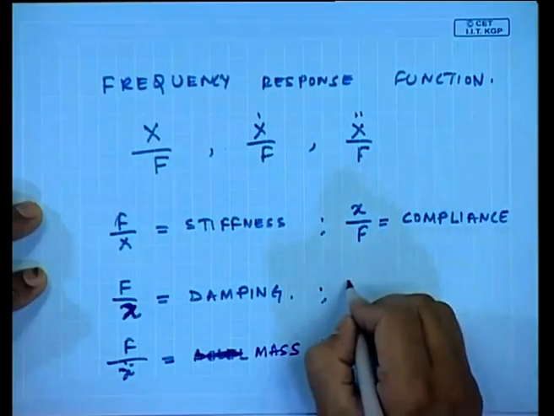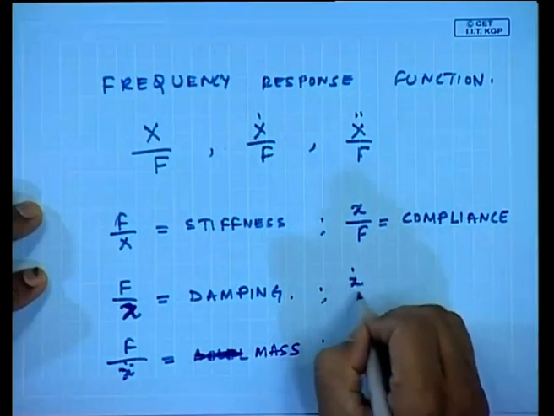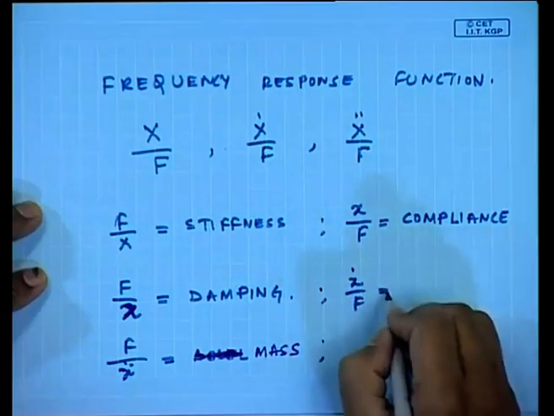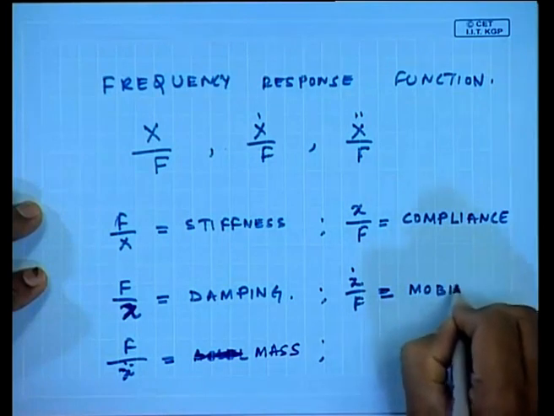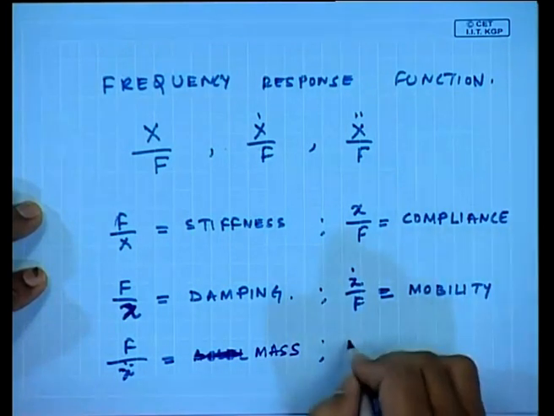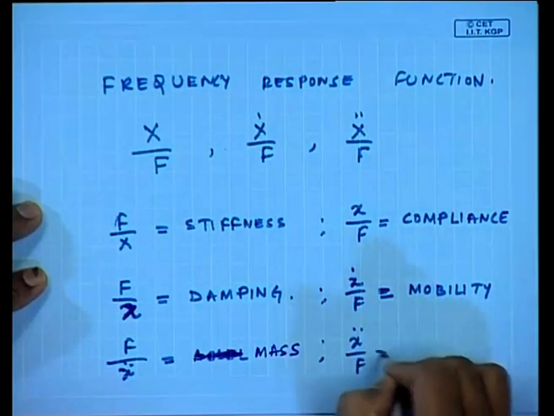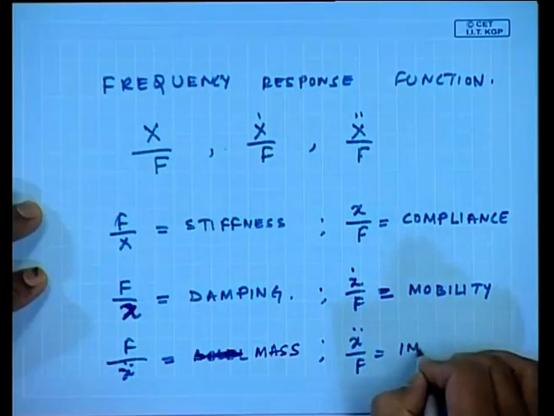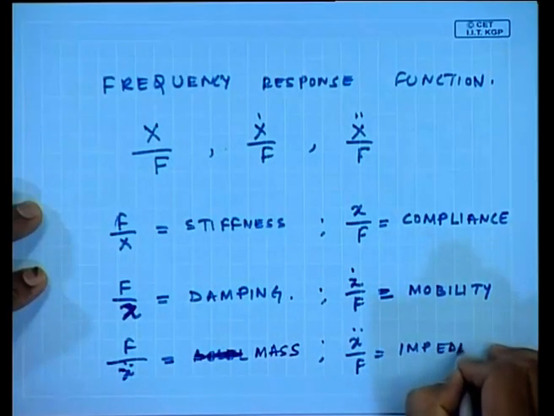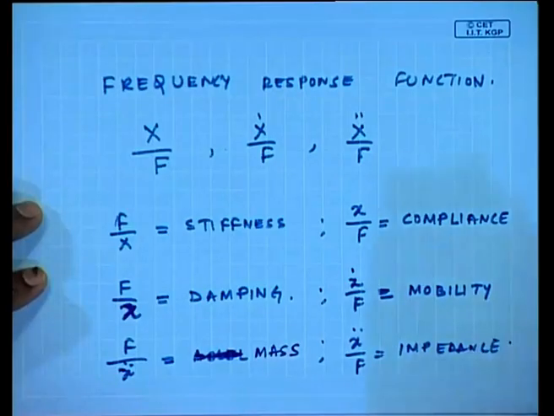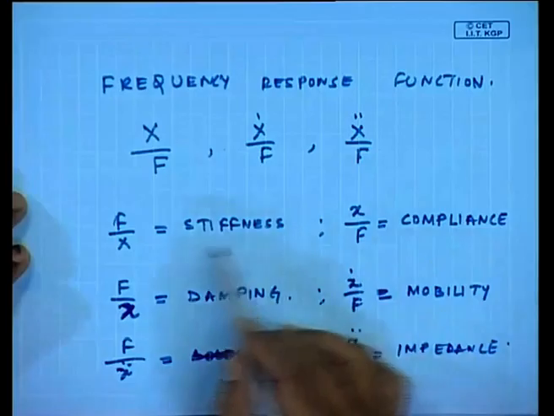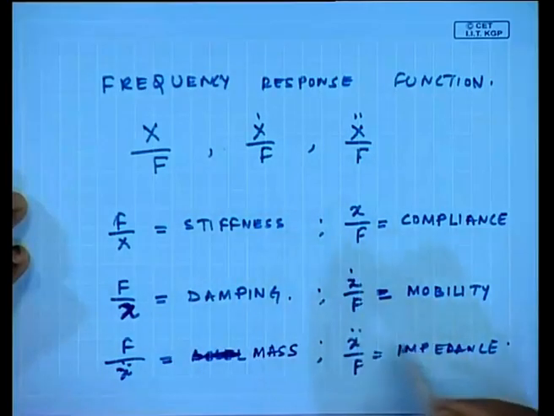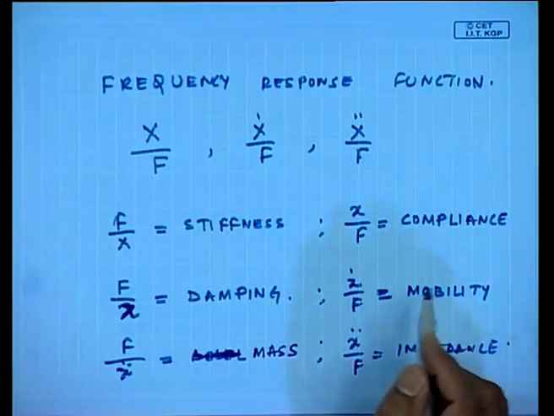Then we have x dot by f as the mobility, and x double dot by f as the impedance. Okay. So, these are the same things represented as different ratios depending on the convenience which we have.